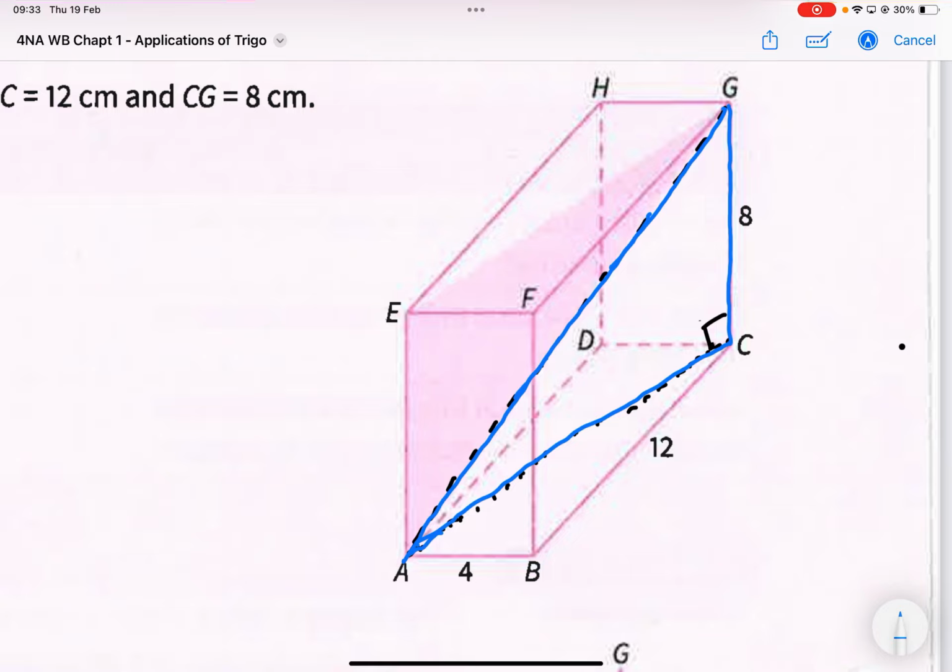Okay? Then if I want to find this diagonal distance, I know this is 8. If I can find AC, I will be able to use Pythagoras, because this side is the hypotenuse. Can you imagine?